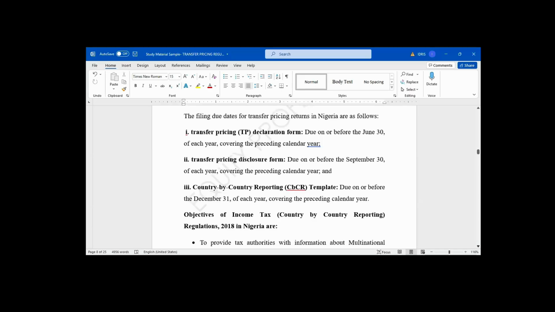The country by country report of 2025 must be filed not later than 31st December 2026. The one of 2024 must be filed not later than 31st of December 2025. So this is the timeline for filing transfer pricing returns.